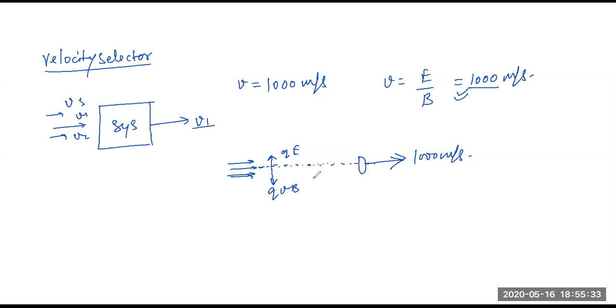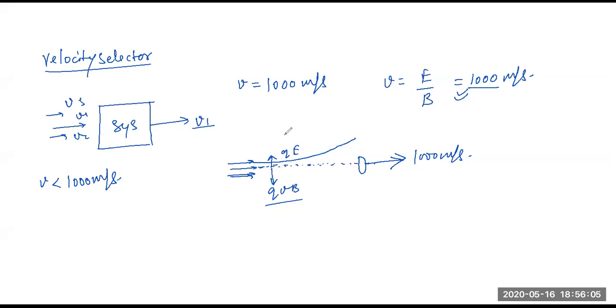Try to understand this point. Any particle having velocity less than 1000, qVB will decrease because V is decreasing. So if qVB decreases, qE will dominate and the particle will tilt in this direction slightly. Yes or no? Yes, sir.